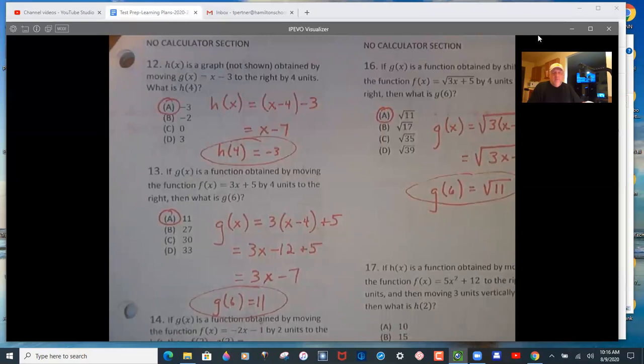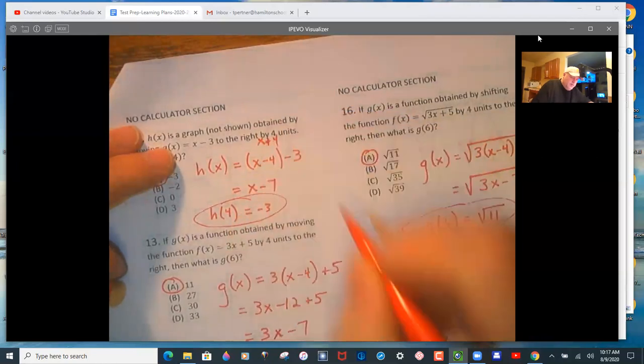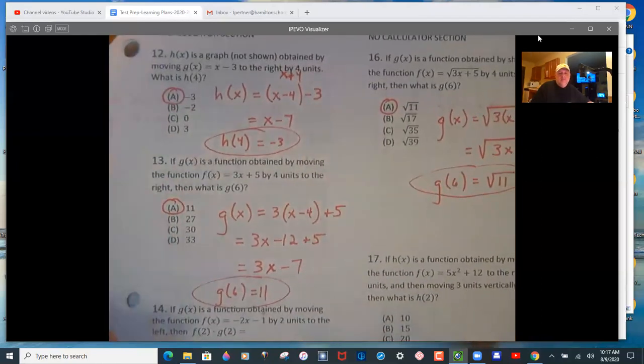Same way with compressing and stretching. Although I think this is just going to be translations. So x minus 3, 4 units to the right. So the x plus 4 represents 4 units to the right. So the inverse is x minus 4 with that.